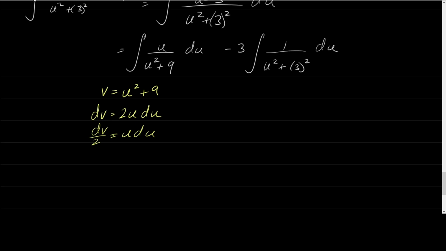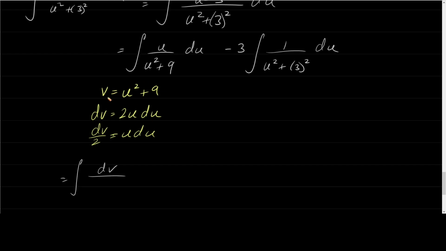So what do I have here? This u on top, this u du, that's going to be our dv, right? So I'm going to have the integral of dv over, what else do we have there? We have a u squared plus 9.